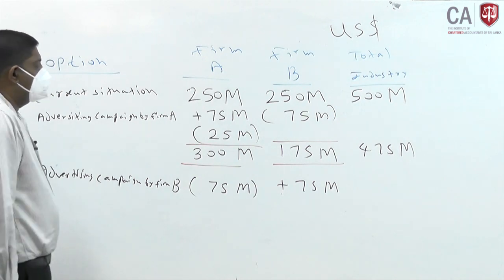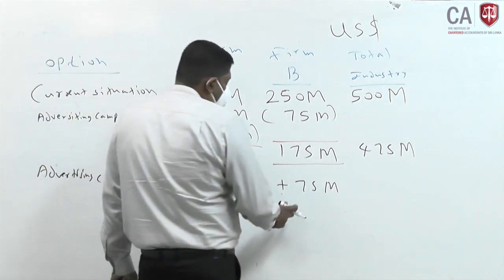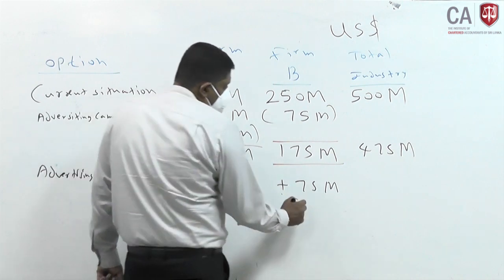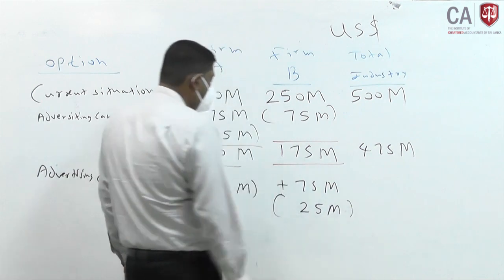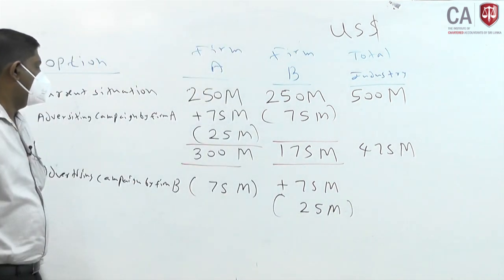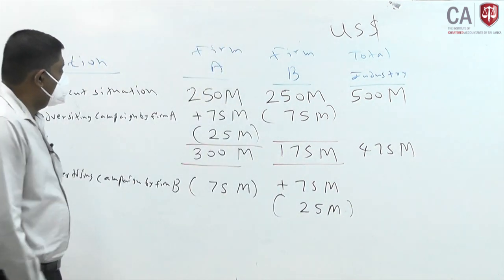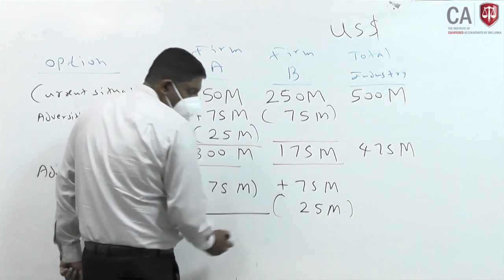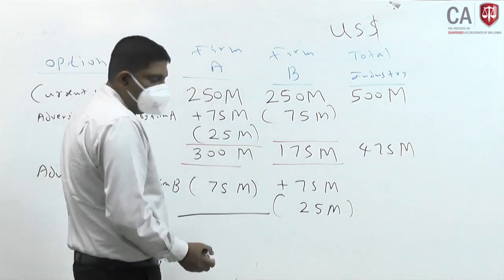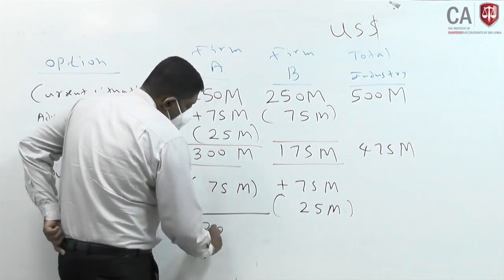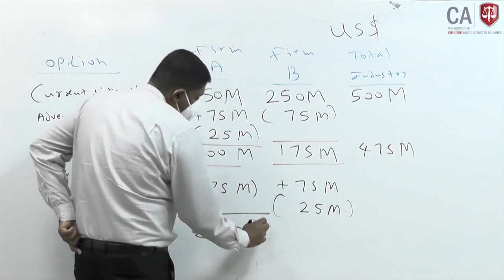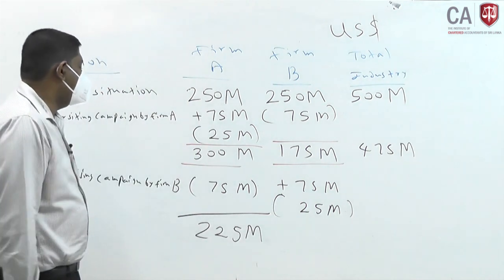Then what happened to them? They have to spend 25 million on the advertising campaign. 25 million. Now the sales income of A becomes 225 million. 225 million.